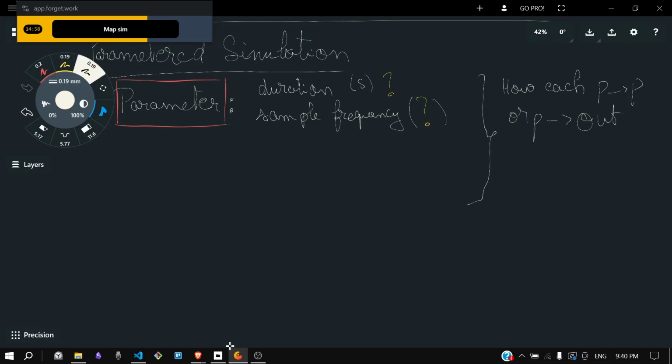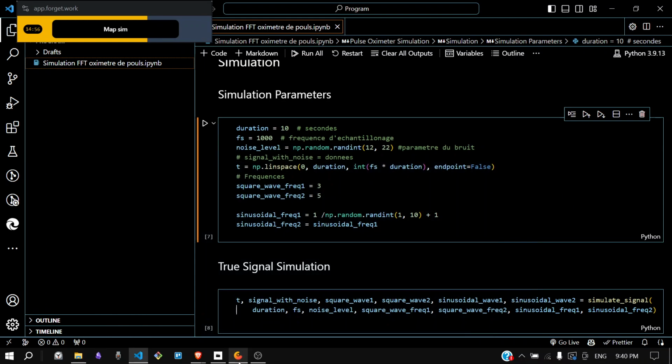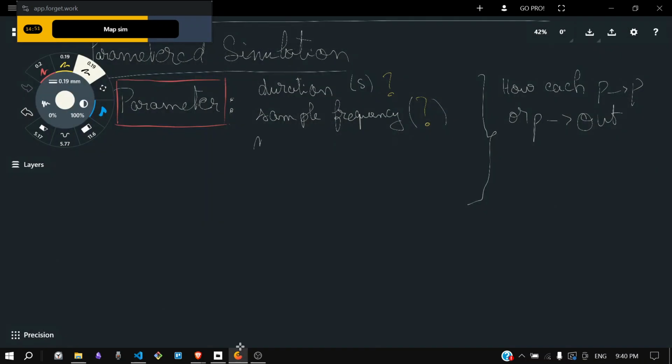Yeah, so the noise level is the intensity of the noise. So here it's intensity. Ah, it's in the noise level. So here I need to find the range.